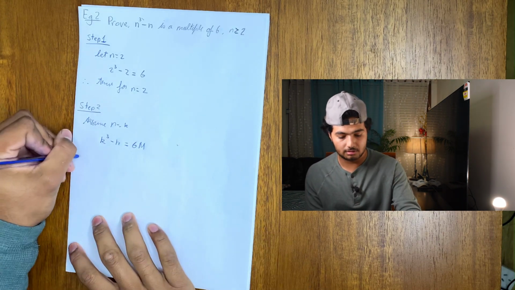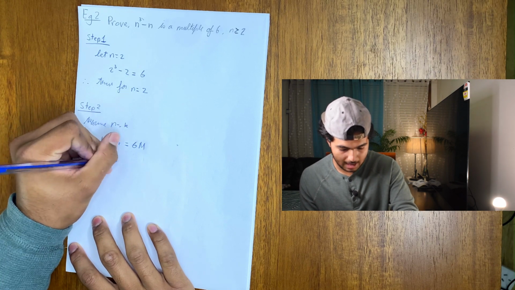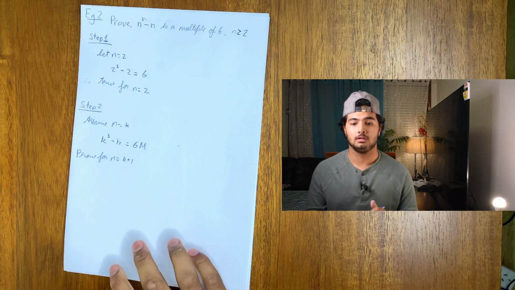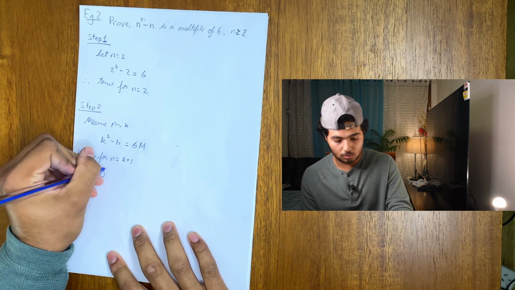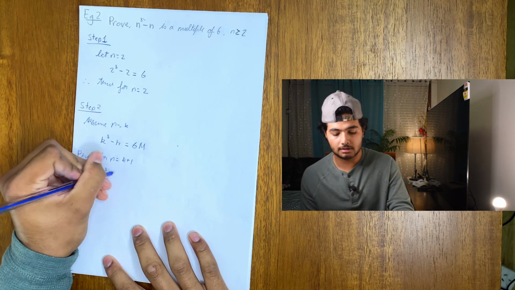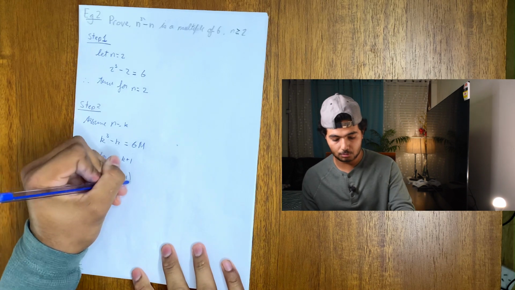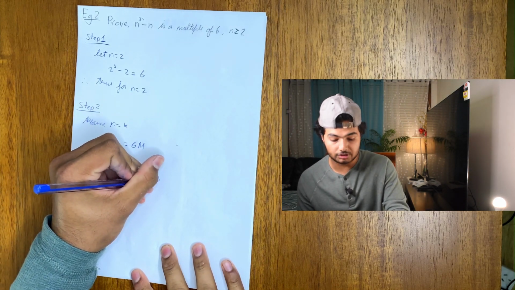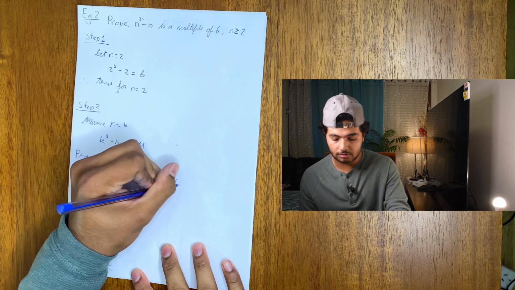Got that down. Now we've got to prove for n equals k plus 1. This becomes (k plus 1) all cubed minus (k plus 1), which is a multiple of 6. That's what we're trying to prove.